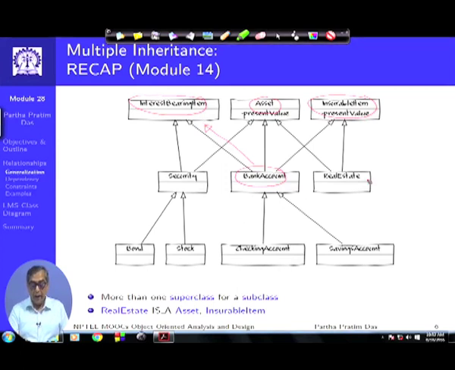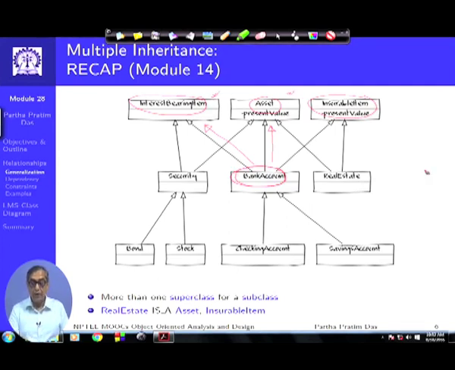Similarly, the asset is having certain fund value which you can pledge to somebody or which you can use to take loan and so on. So, bank account can be used for that purpose with the balance that I have. So, bank account is also an asset. So, here we see that a same class is a specialization of more than one class.